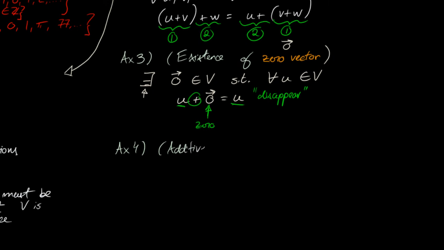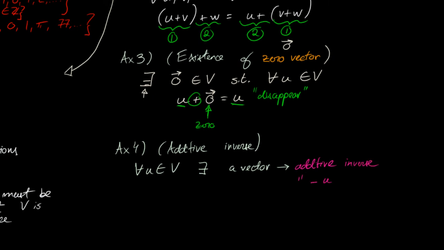Additive inverse, okay? So the additive inverse says that for all u belonging to V, there exists a vector that we denote the additive inverse, which we can just write as minus u.